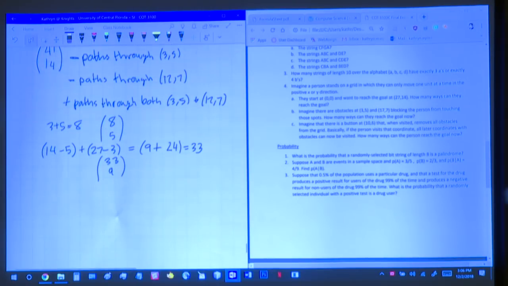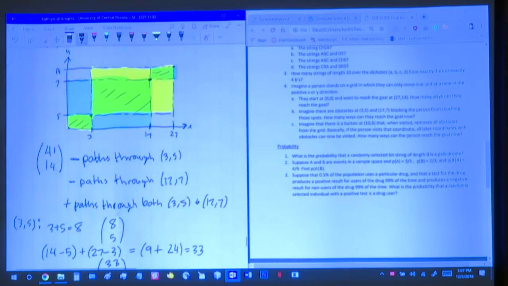So in total, for 3, 5, we end up with 8 choose 5 times 33 choose 9.